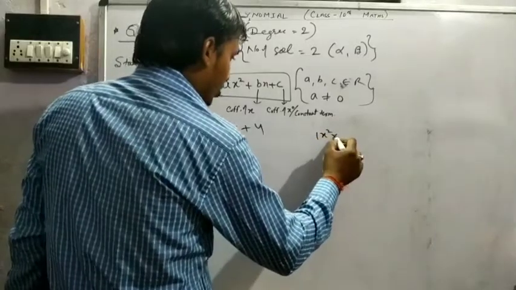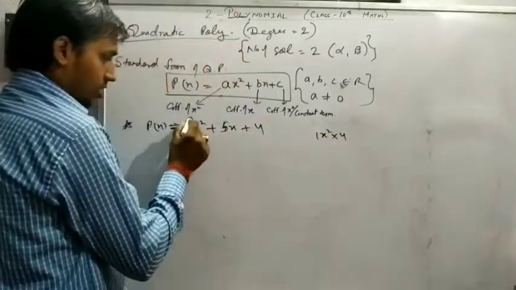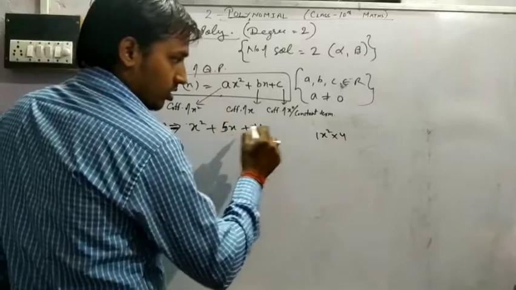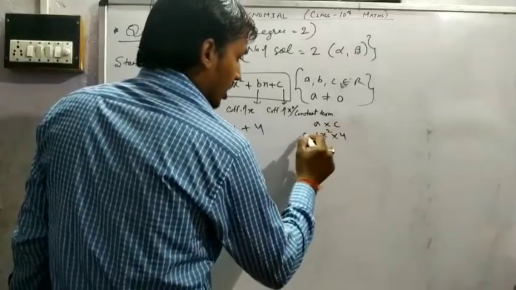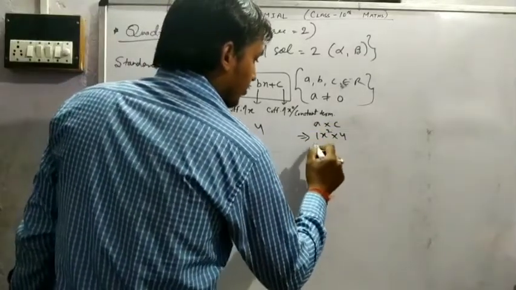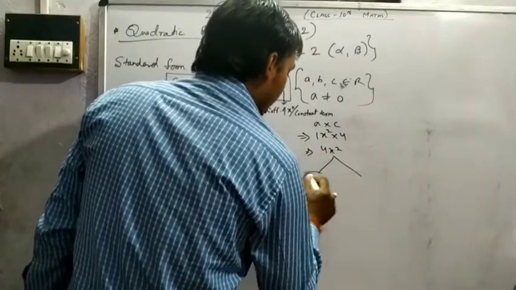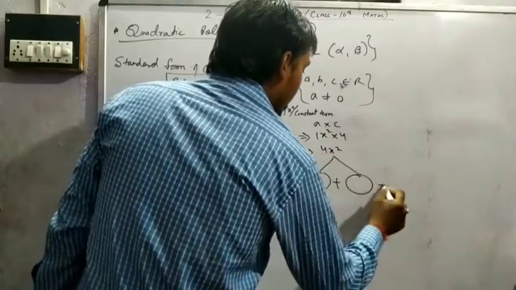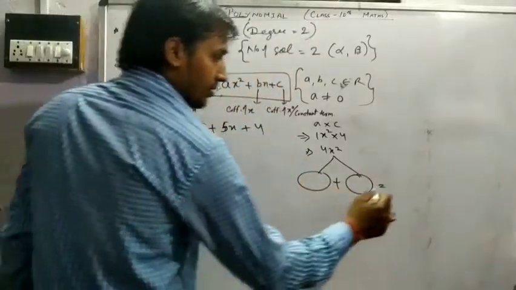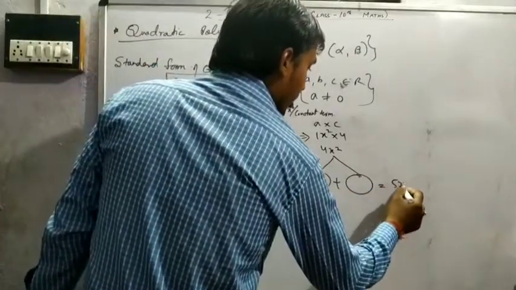So x square into 4, a into c. What you get is 4x square, and we divide it into 2 parts whose sum gives b, that is 5x.